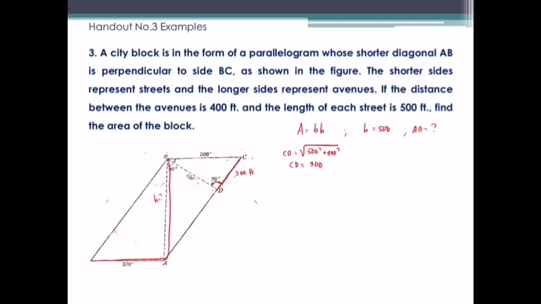DBC, so this angle is actually equal to angle BAC. So BAC is in the big triangle, this one. So they are equal, this one and this.